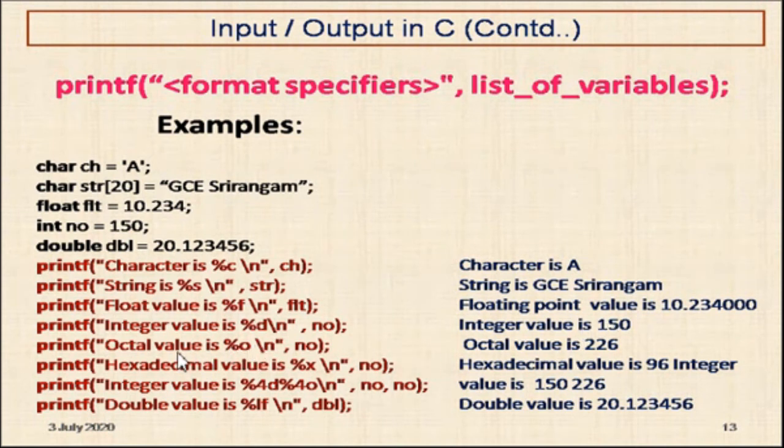If you want to display the decimal value in octal form, you can directly use %o. In the same variable number I have stored 150, but the format specifier is given as octal, so this value will be automatically converted into octal form, as you can see here. 226 is the octal equivalent for the decimal integer 150.